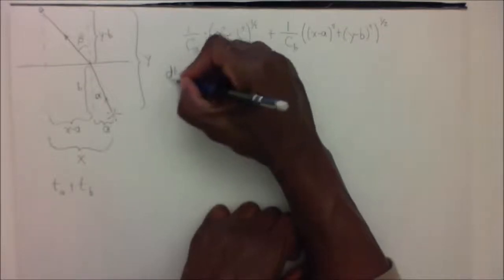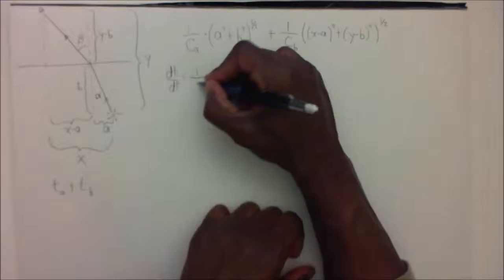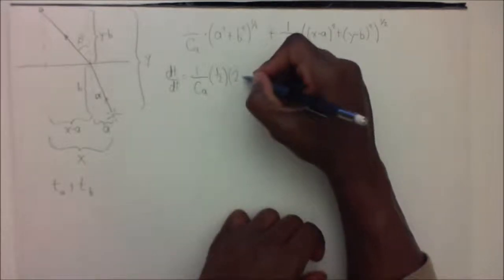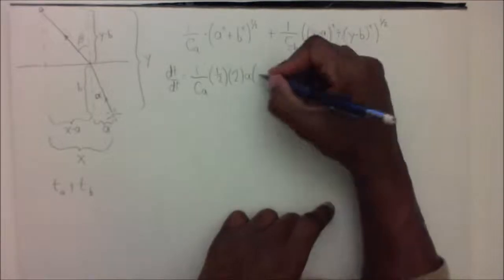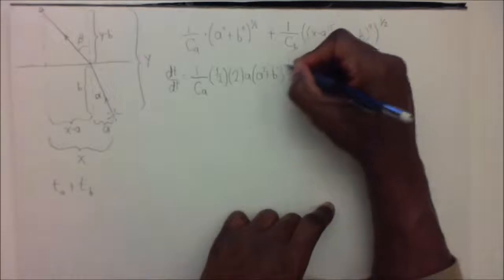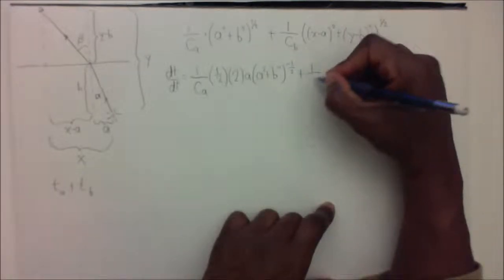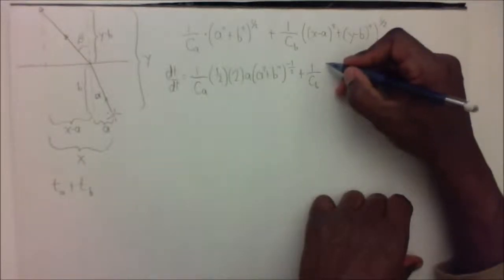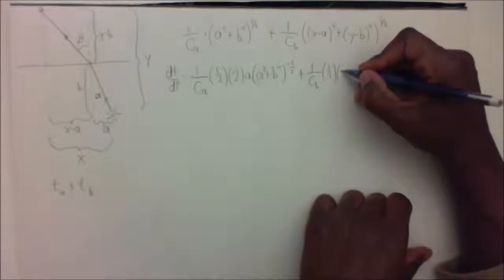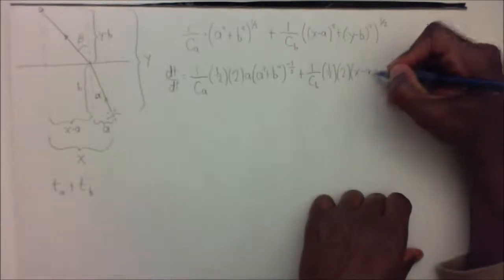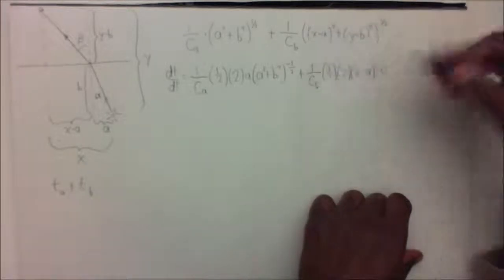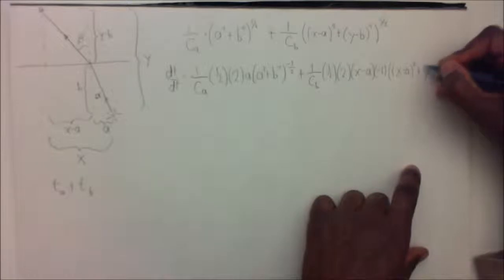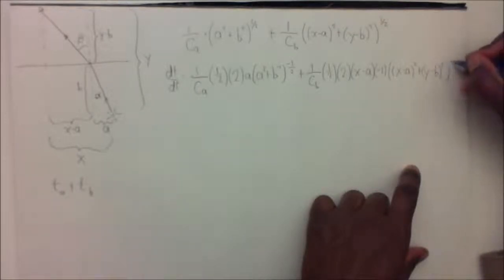So dt over da is equal to 1 over c sub a times 1/2 times 2 times a times a squared plus b squared to the minus 1/2, plus 1 over c sub b times 1/2 times 2 times x minus a times minus 1, because the a there is negative, times x minus a squared plus y minus b squared, all raised to the minus 1/2.